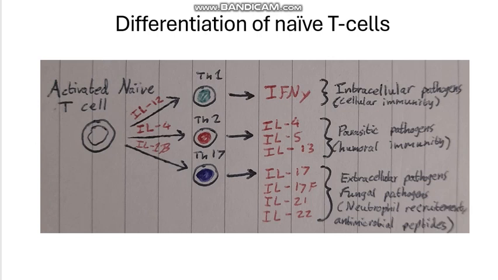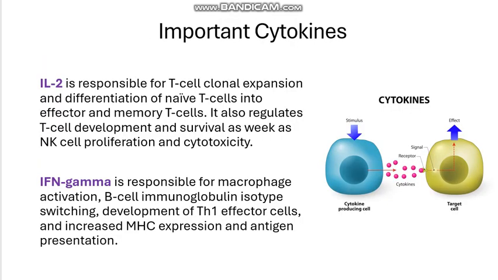help differentiation of this naive T cell, and then once the naive T cell is differentiated, it's going to produce its own cytokines to produce the effect that we can see in this photo. So we can imagine the cytokine producing cell would be a dendritic cell or a macrophage. It's going to release cytokines to the target cell, which would be the naive T cell.